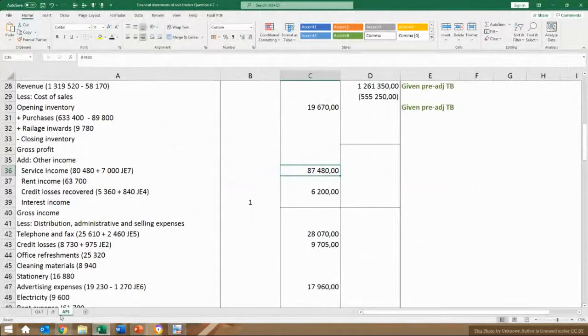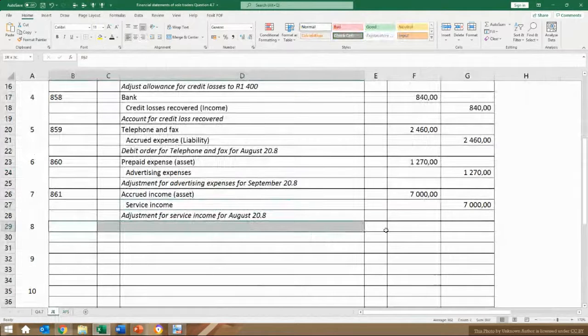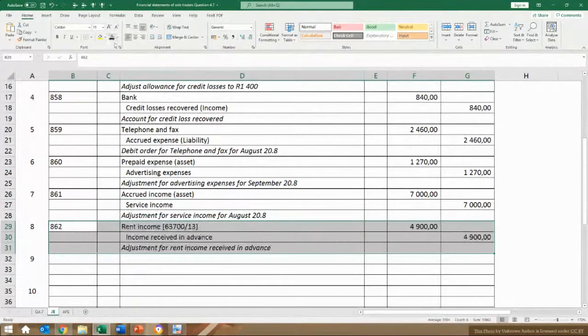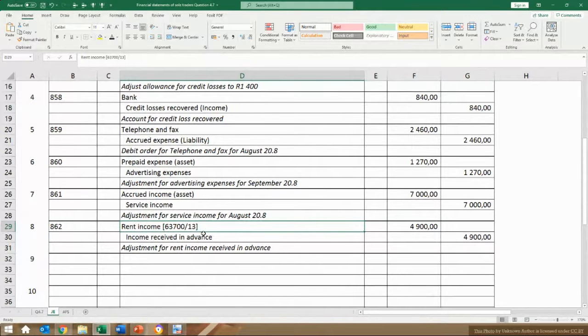Now if we look at the journal entry, we would debit rental income or rent income. We would take that amount per the trial balance divided by 13. Because they haven't increased it, it is a straightforward calculation where you just divide it by the number of months to get to the amount of 4,900.